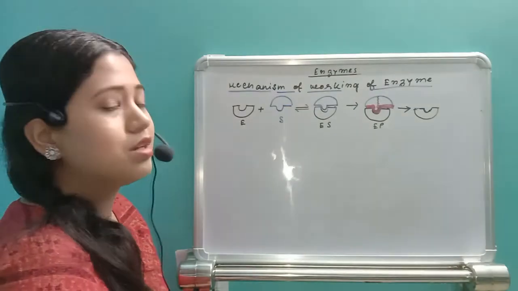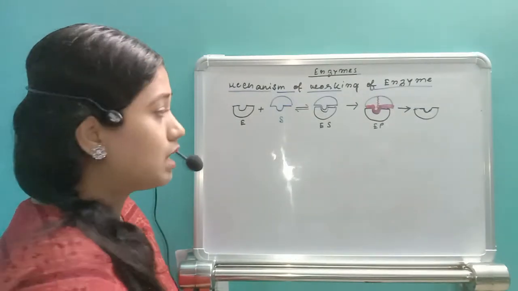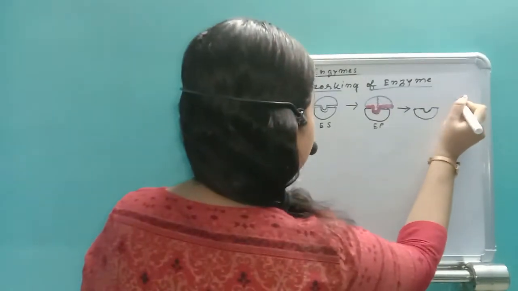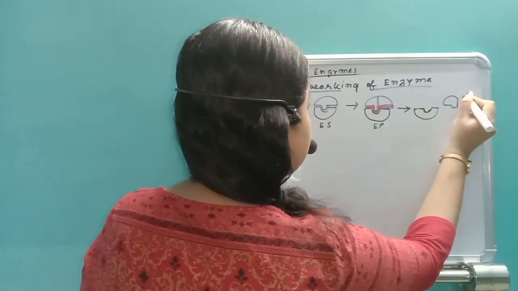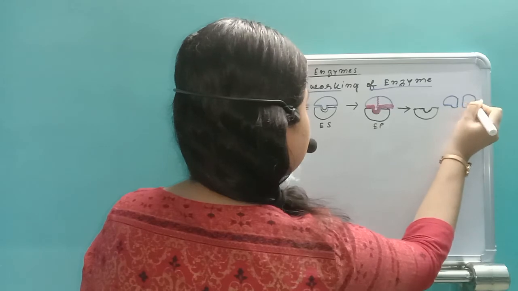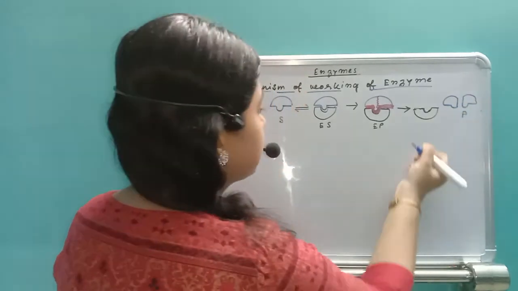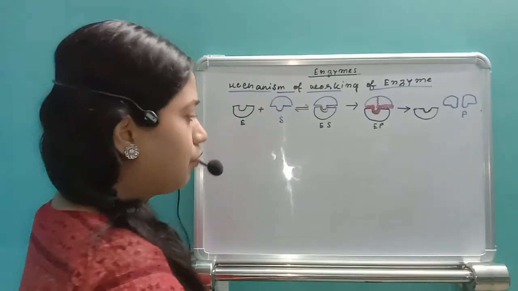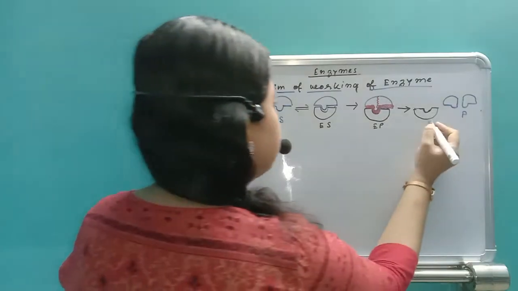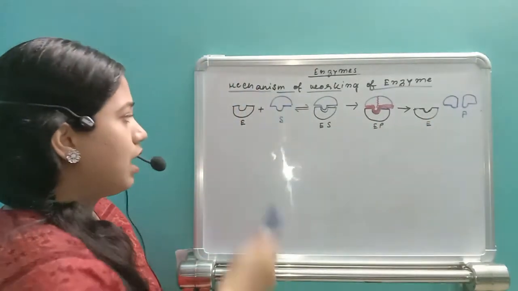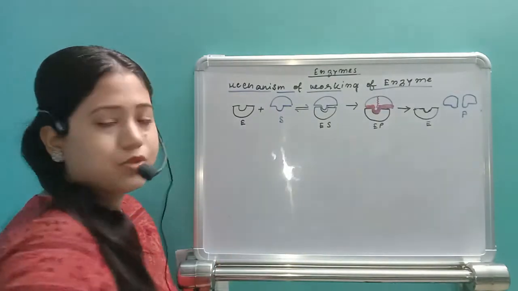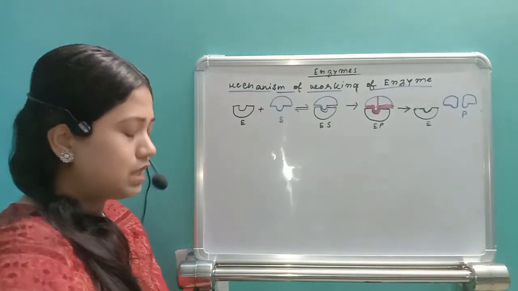So each and every term I have just said is important. Here the product is formed. Suppose this is the product, so these are the products. This is the enzyme. One second. So just see what I have said: the enzyme attached to the substrate forms an intermediate state.